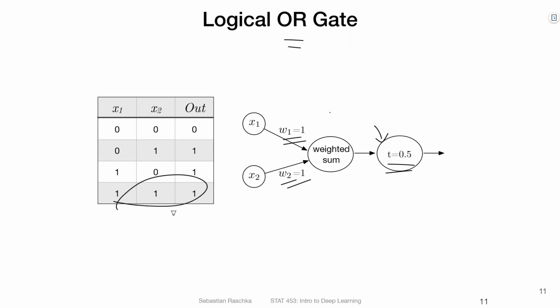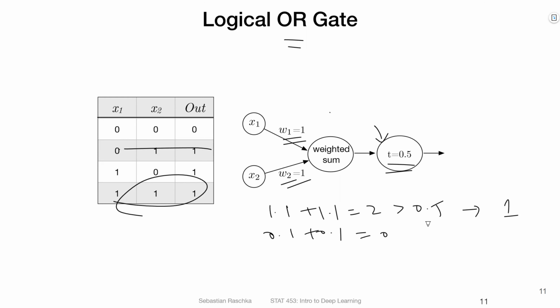And in this case, 1 times W1, which is 1, plus 1 times W2, which is 1, is going to be 2, which is way larger than 0.5, and it becomes 1. In the first case, 0 times 1 plus 0 times 1, which is 0, which is smaller than 0.5, and it's going to become 0. Easy peasy.